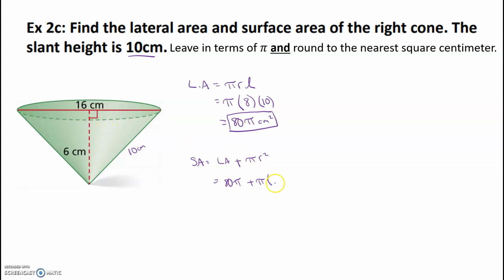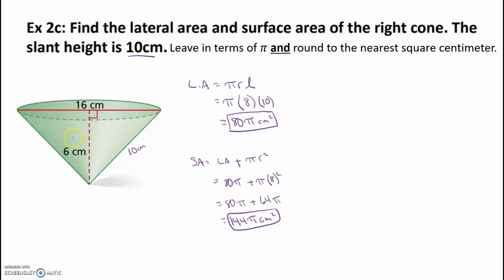So my radius was 8 still. So we have 80 pi plus 8 squared is 64 pi. And when you add those up, 80 plus 64, you wind up getting 144 pi centimeters squared.